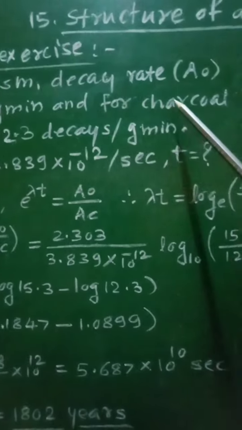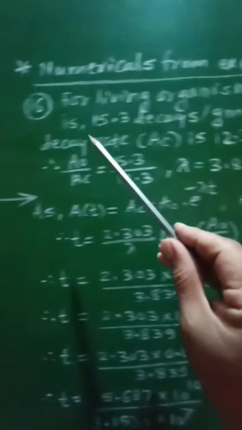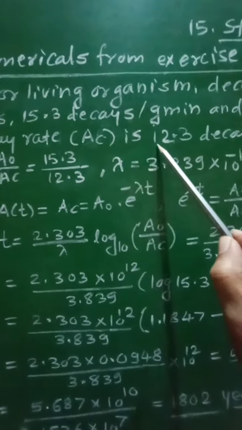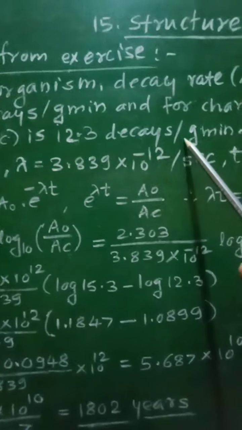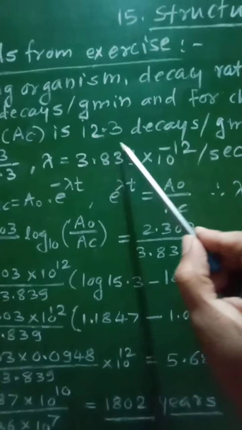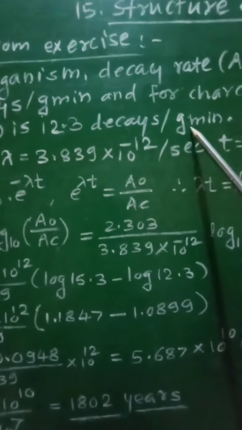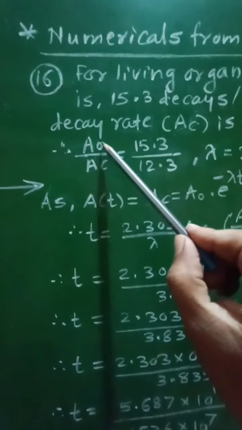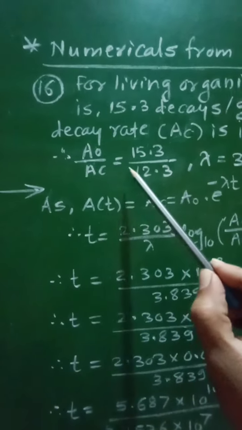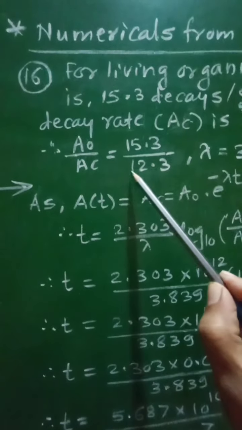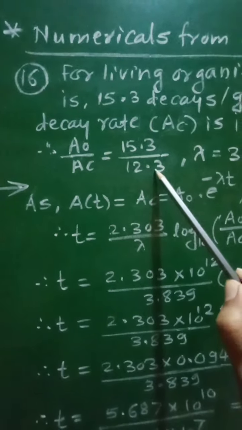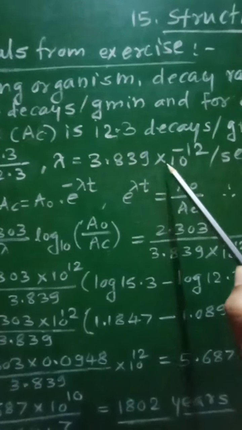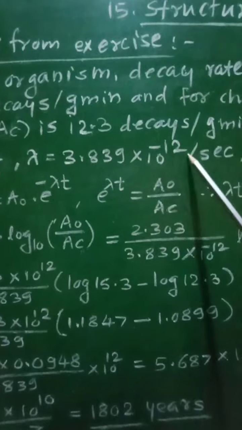And for charcoal, the decay rate, that is AC, is 12.3 decays per gram per minute. Taking the ratio, we can write A0 upon AC is equal to 15.3 upon 12.3.